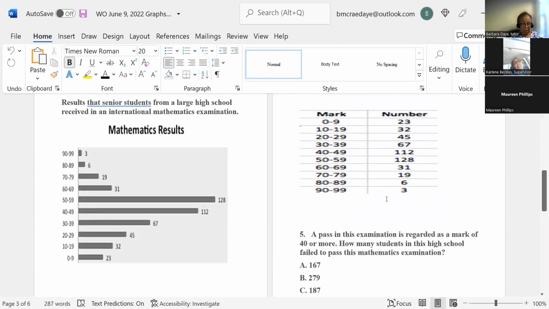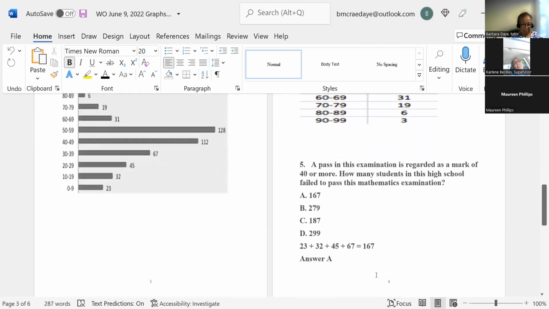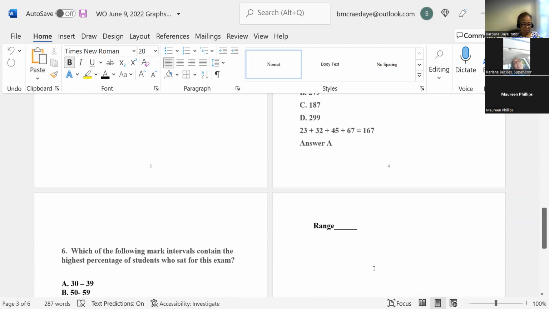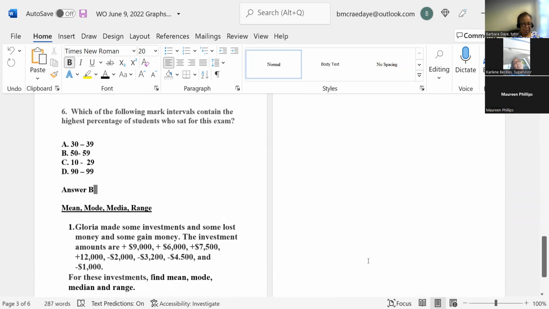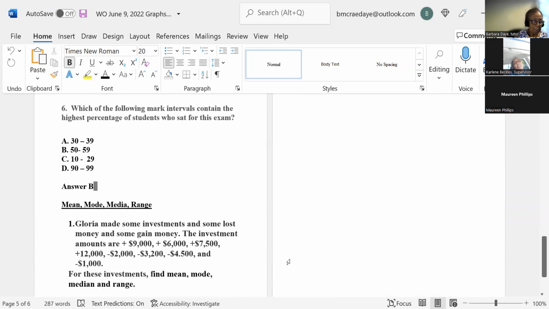So 3 divided by the total will certainly give you the lowest percent. Okay, very good. Now our last category, mean, mode, median, and range. This should be median.